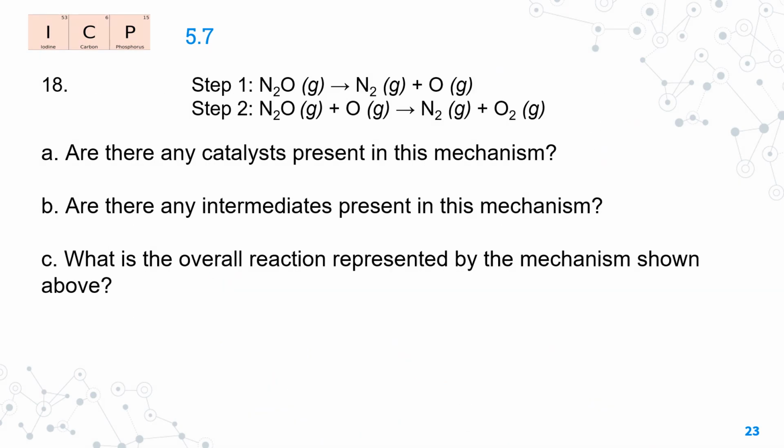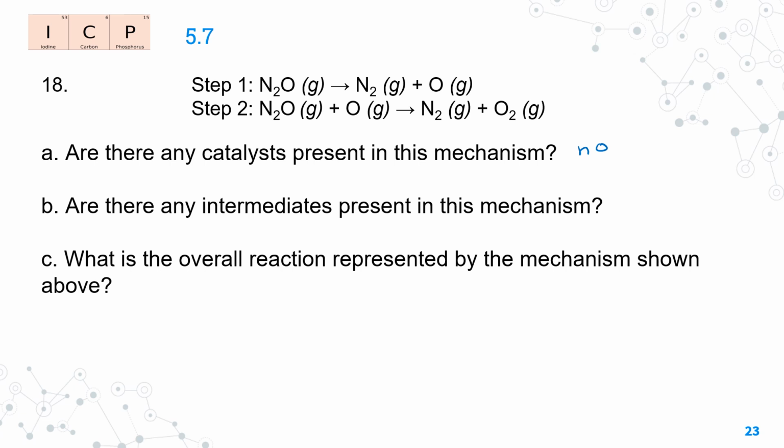Number 18, if I look at this reaction mechanism, are there any catalysts present in this reaction mechanism? Is there anything that comes in as a reactant and then comes back out as a product? And the answer is no, nothing does that in this reaction. Are there any intermediates in this reaction?